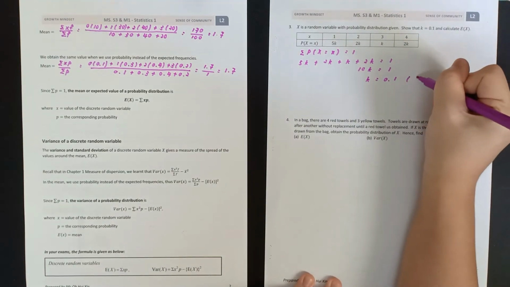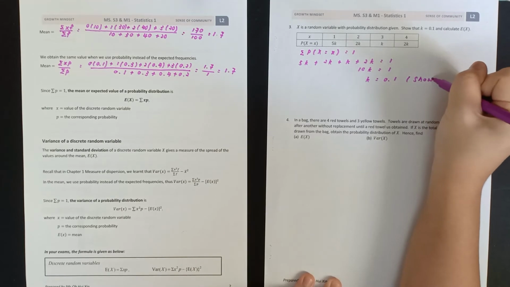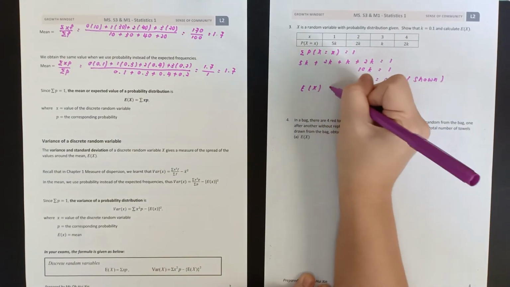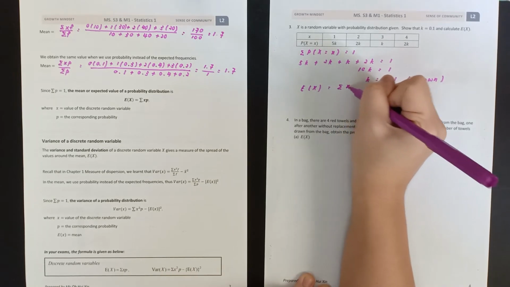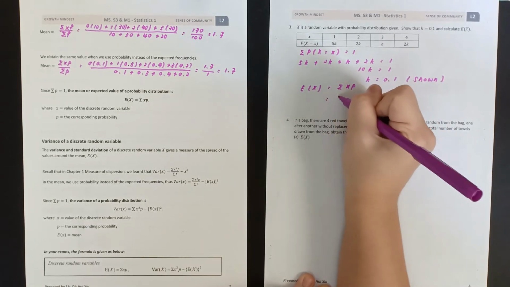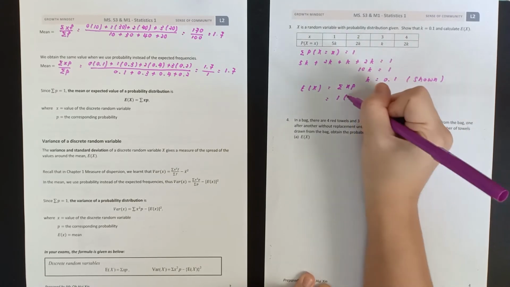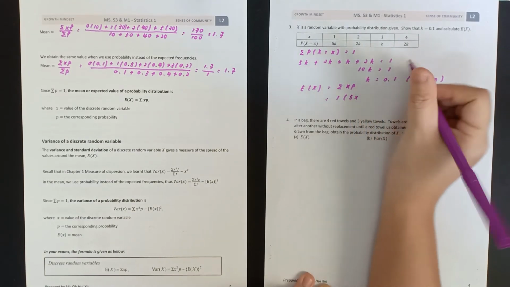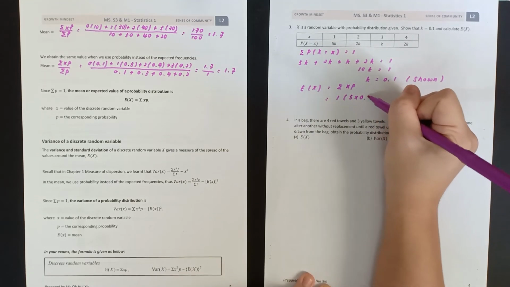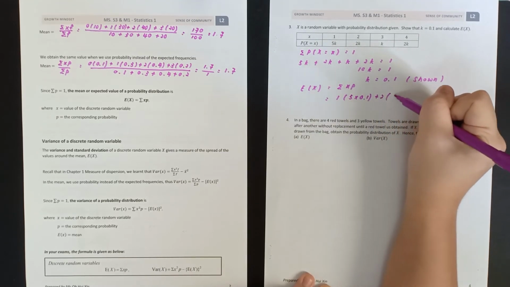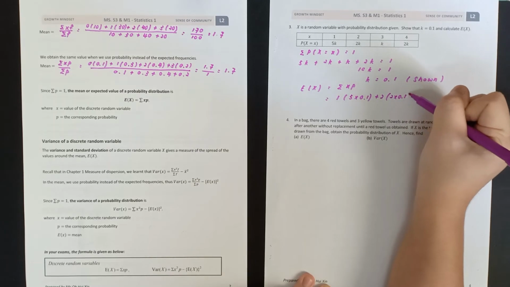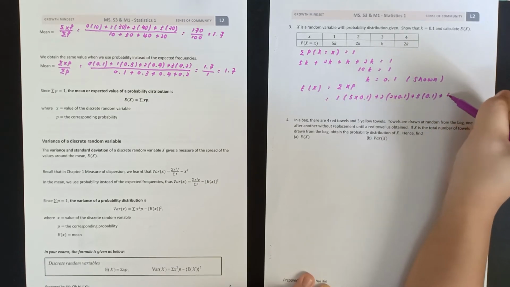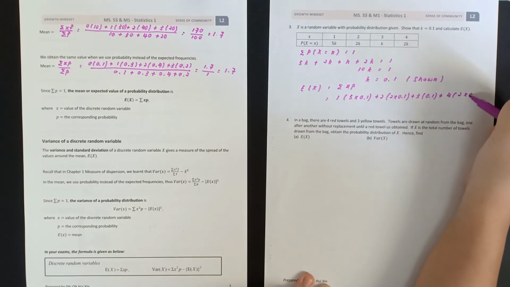Maybe you can write it here. The question asks you to find the expectation of X. So E(X) equals the sum of x times p. So 1 times 5k, meaning 0.5, or if you want to write the full one, you can write 5 times k, so 0.1, then plus 2 times 0.1, plus 3 times k, so 0.1, plus 4 times 2k, so 2 times 0.1.